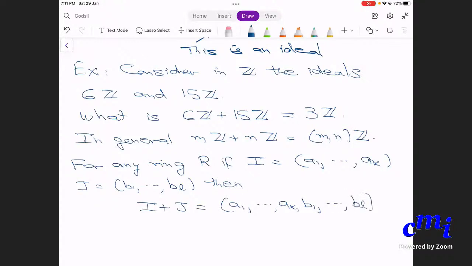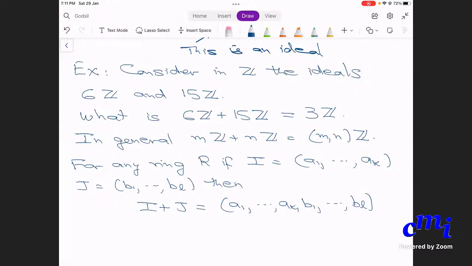Usually you will specify an ideal in a ring by giving its generators, so it's very easy to add ideals. You just put the sets of generators together, and whichever ideal you get is the sum of I and J.